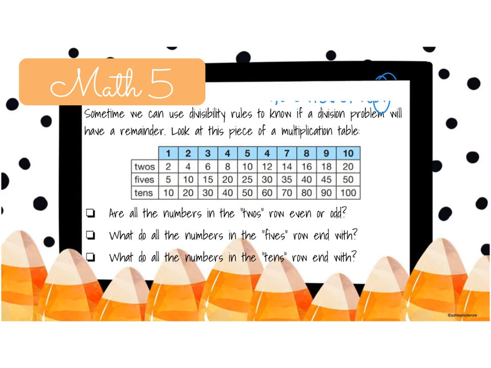Okay, I'm going to erase this part so I have a little bit of room. For 5's, what do you notice about 5's? What do all of the numbers in the 5's row end with? Good. Some of you are showing me. Yes. Tell me. 5 or 0. Okay. So would it be safe to assume that any number that ends in a 5 or a 0 could be divided by 5?